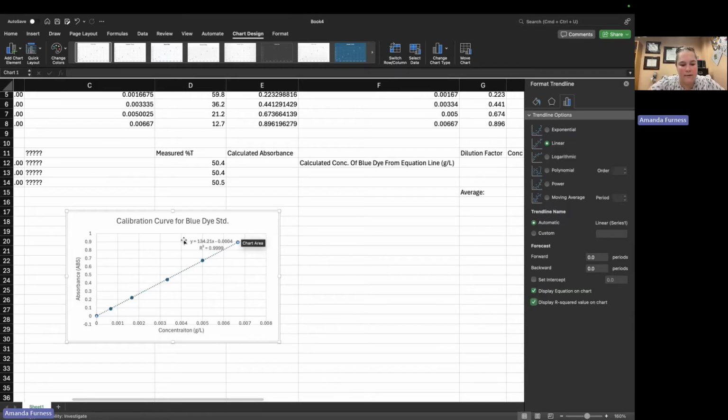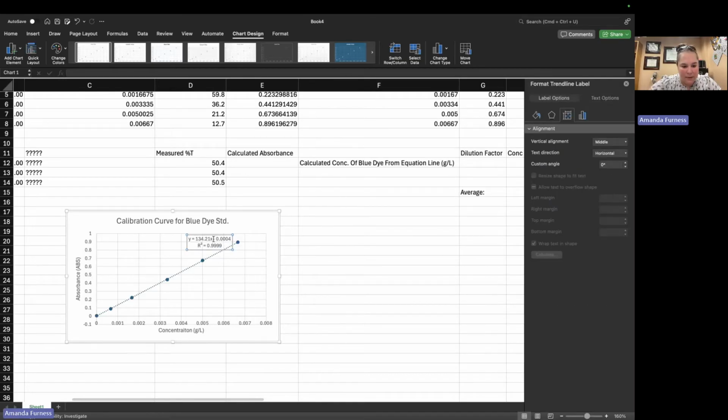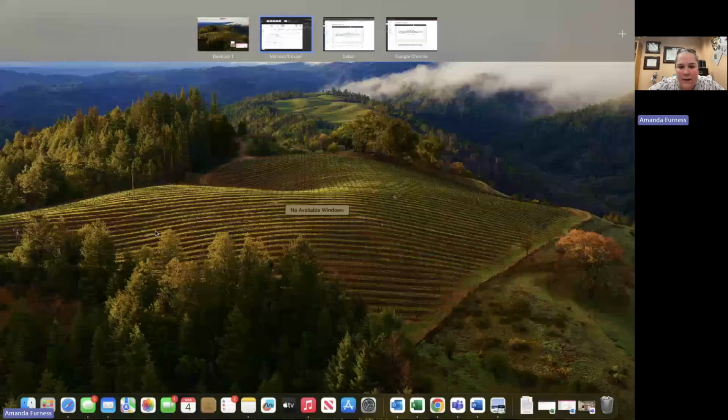So now I have my equation of the best fit line and my R² value. My R² value for this is 0.9999, which is really good. So that passes what our standard would be for linearity, which means I am able to use this calibration curve. All right, now I have my equation of my chart, or equation of my line, excuse me.